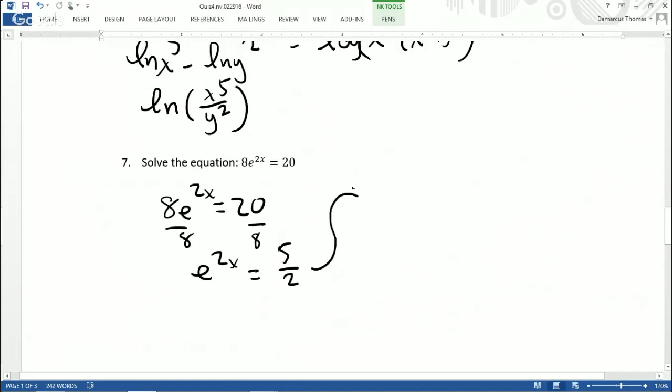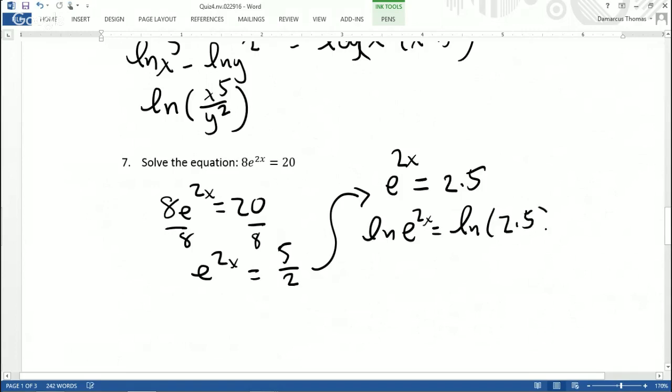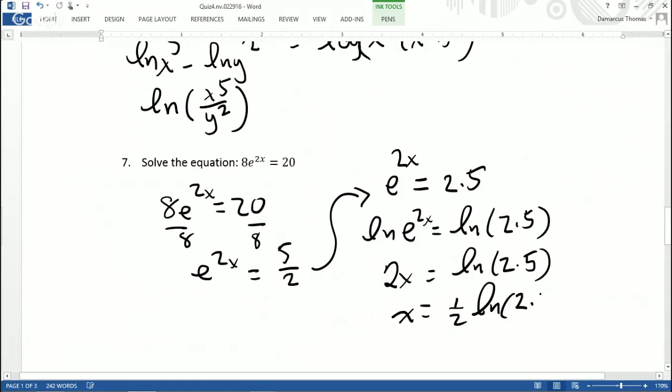So I get e to the 2x is really equal to 2.5. And now to get rid of the base e, I have to take the natural log of both sides. So I get 2x is equal to the natural log of 2.5. And therefore, x is equal to 1/2 of the natural log of 2.5.